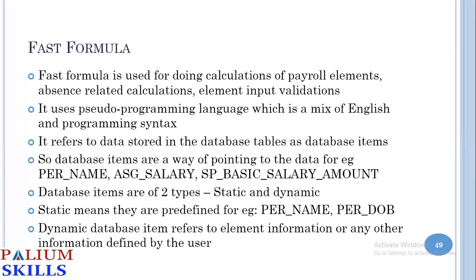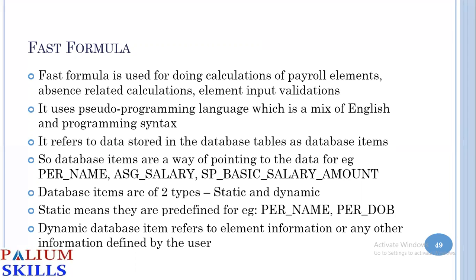The system will define a database item which will help you to quickly refer to that data for the employee in the formula. So for example, database item names like PER name, ASG salary, SP basic salary amount. So that gives you the name of the database item.